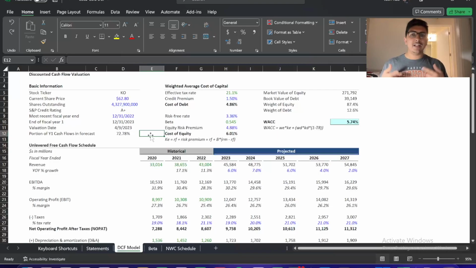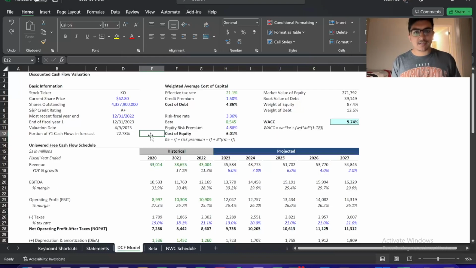Coca-Cola has been generating cash in between the end of the most recent fiscal year and now when we're valuing it. So there is some cash that Coca-Cola has already generated that is already part of its value that we cannot be valuing because it's technically in the past.